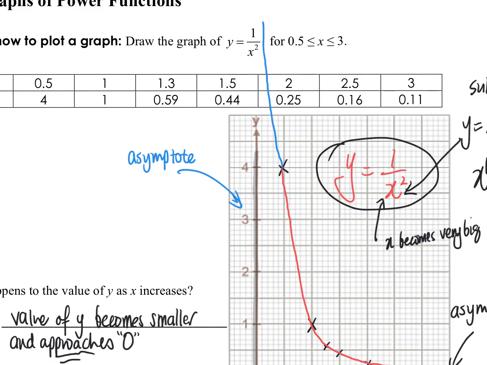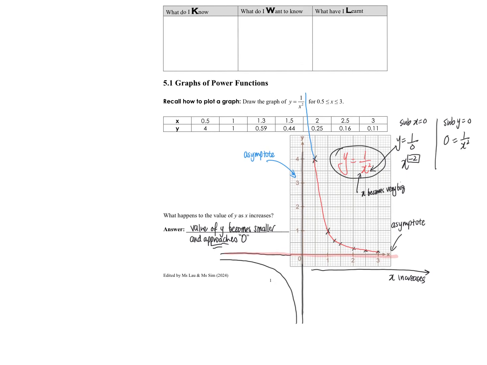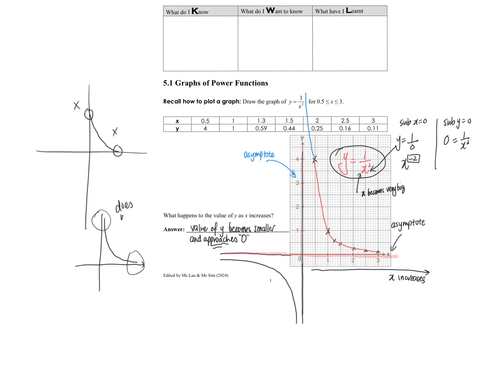Never. Okay? So that means when I ask for your sketch, you don't draw like that, then I will circle like that. Wrong. Because when you sketch it, it should go very near, but it shouldn't ever touch it. So make sure it does not touch.